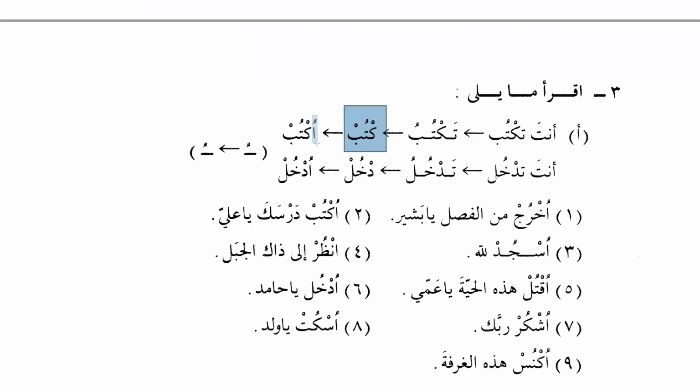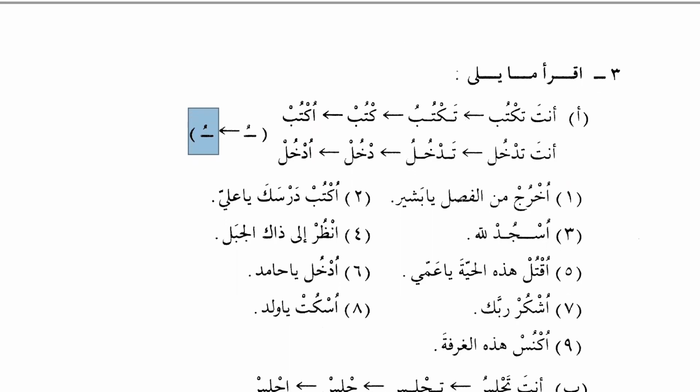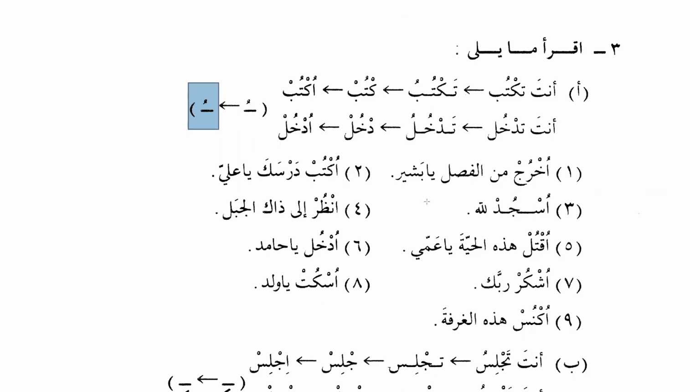Then you have to come with the hamza wasl to make uktub. All right, guys? Anta tadkhul. Tadkhul, dkhul, udkhul. And this sign here is talking about if the ayn al-fi'l is madmuma in the mudari'ah, then in the amr, the same letter is going to be as such. Make sense, guys?